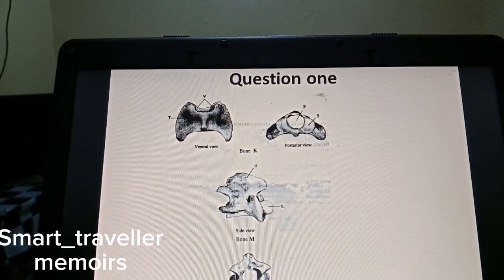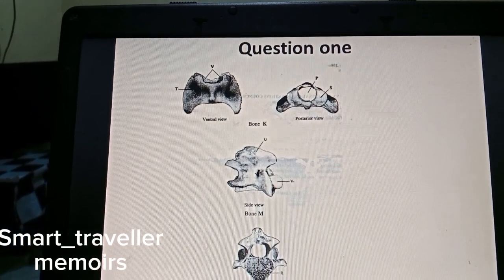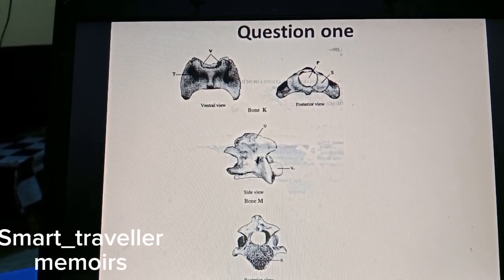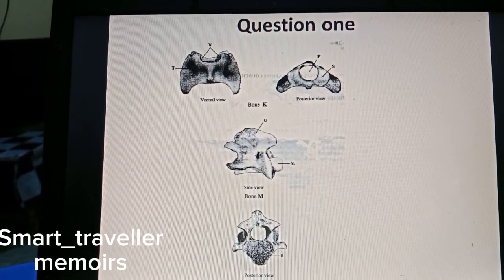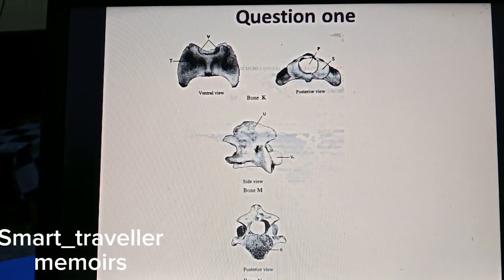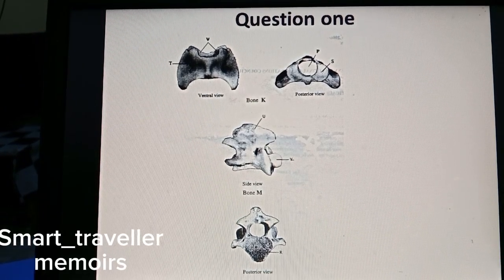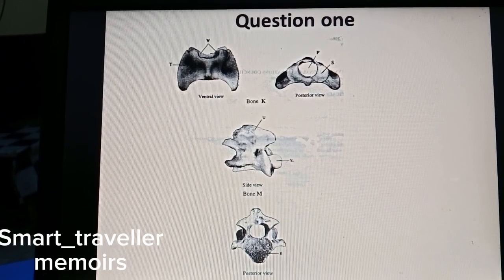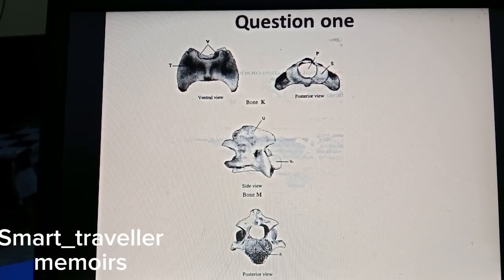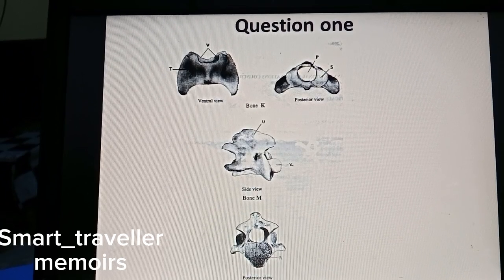And from the photographs, you can see the bones. Ventral view, that is bone K, you are seeing ventral view and posterior view.